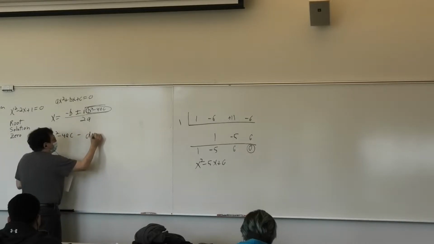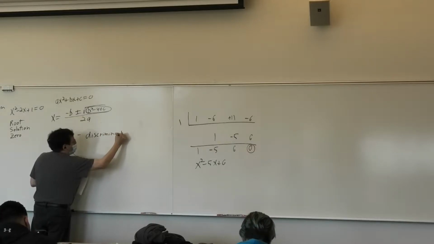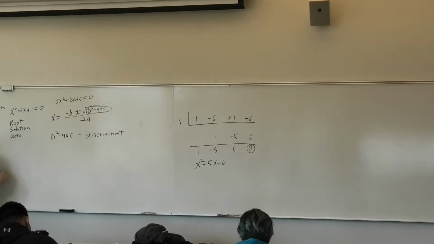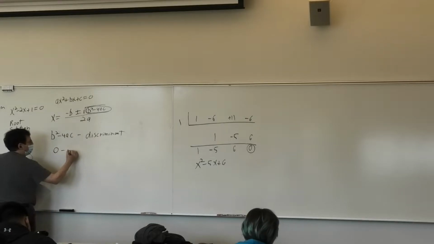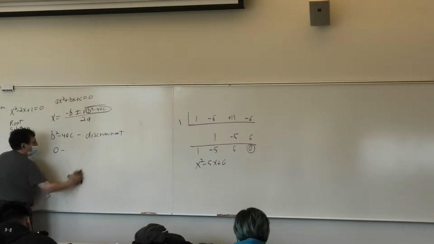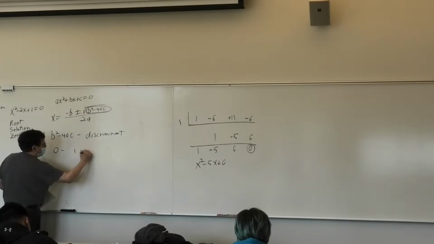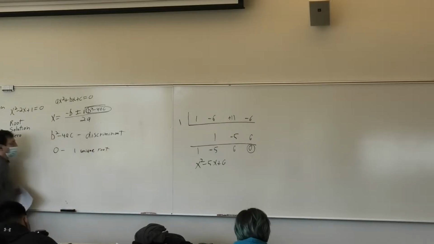It's called the discriminant, and it tells you about the roots. If b squared minus 4ac is 0, you have one unique root. It's really a double root.